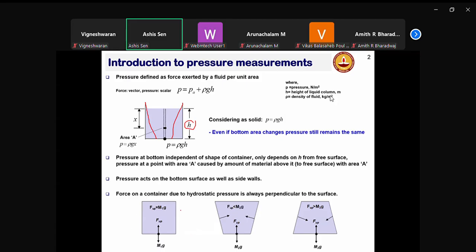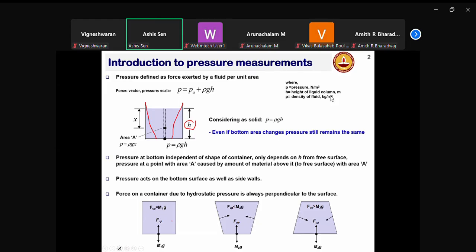So in all three cases, since the height of the liquid is same, the pressure is going to be the same. But if you go by this definition that it is force exerted by fluid per unit area, this is going to be different. So really, this definition, although it works fine for solid, it doesn't really work for liquid.